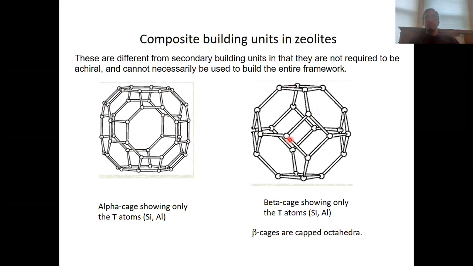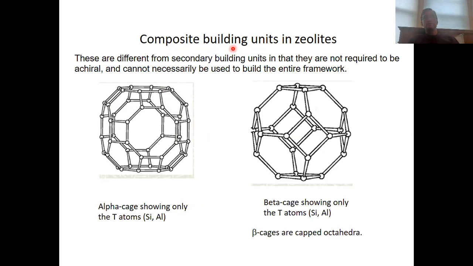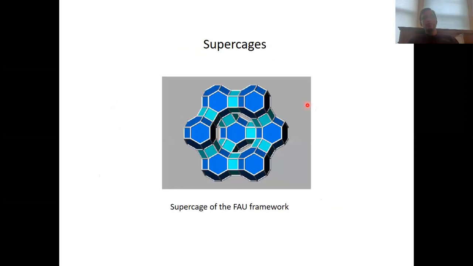We have actually encountered the beta cage already. We have beta cages in the ultramarine. Then we also know so-called super cages, and in these super cages, we have multiple composite building units fused together to indicate even larger pores. For instance, you can see here a super cage in the FAU framework.